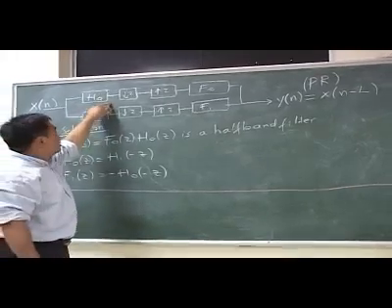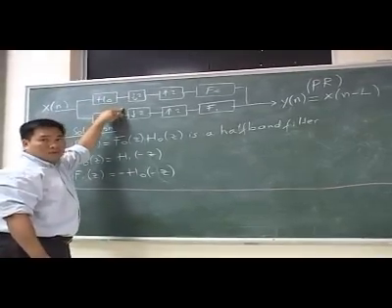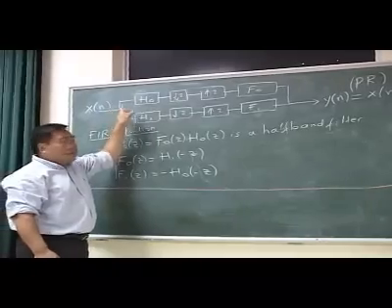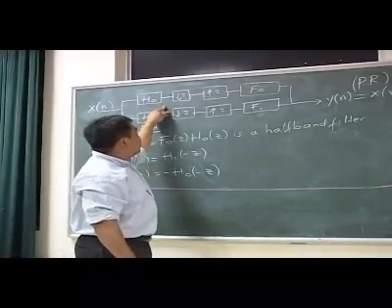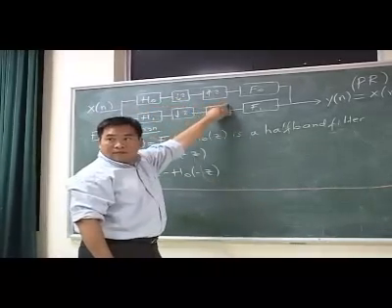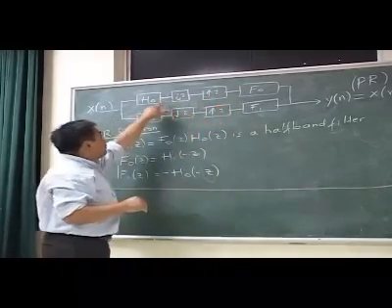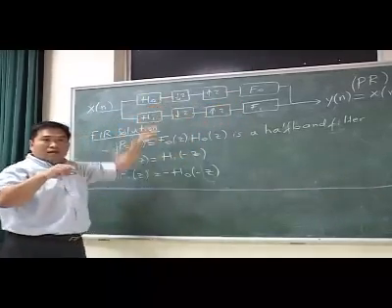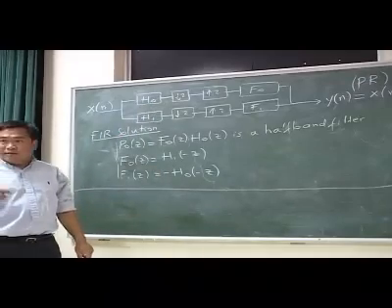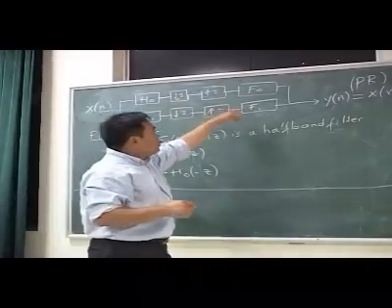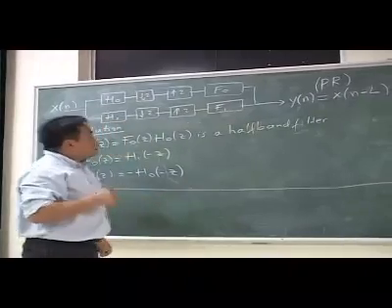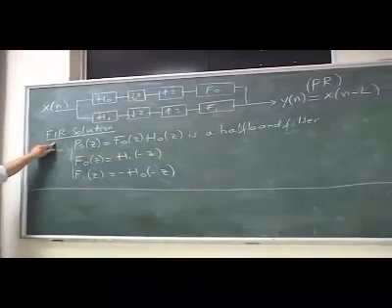We measure what this is, which is the product of H0 and X. Then we go through the cascade of downsampling and upsampling, and we see that this signal is the combination of that one and a version shifted by pi. After we know this, we find a condition for the FIR solution.